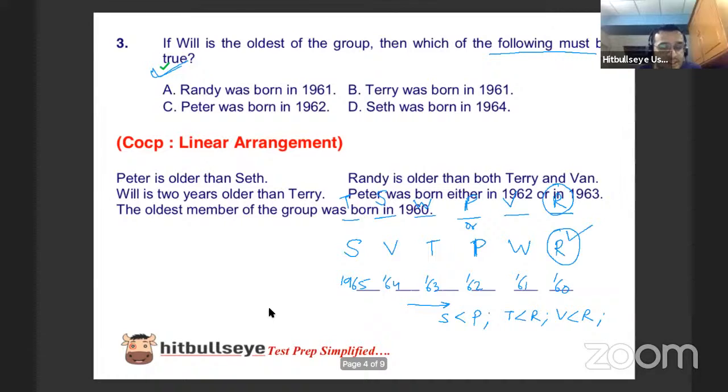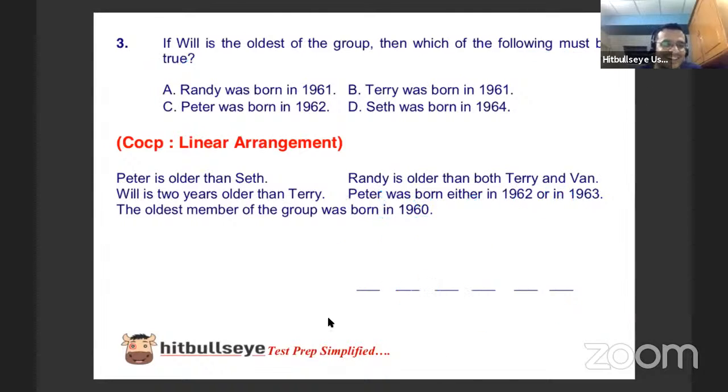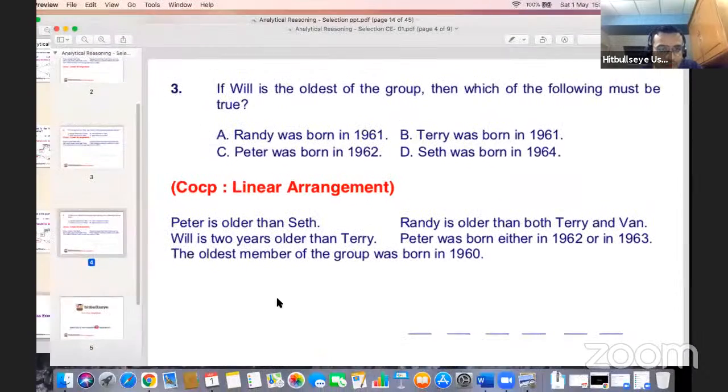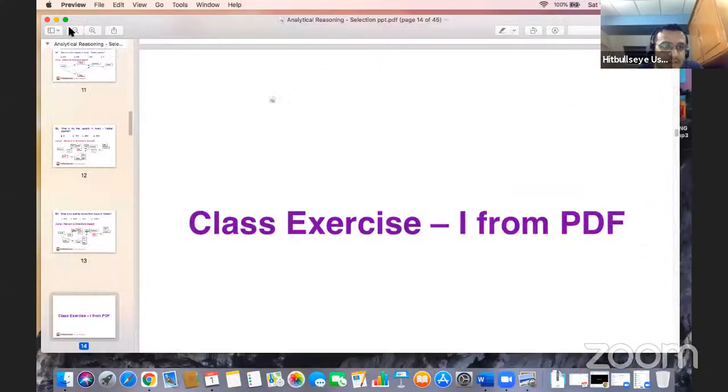So, any other questions you want to discuss, or shall we go back to the main presentation? Yes, everybody clear? Shall we go back to the main presentation? Any other question from this class exercise? All right, let's go back. I believe all of you have followed the other two.